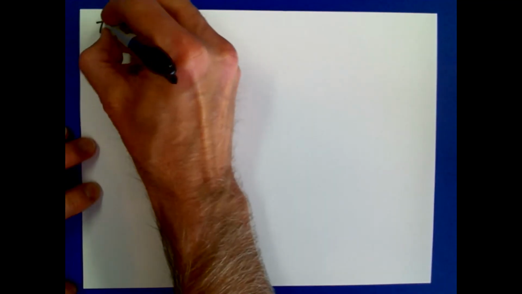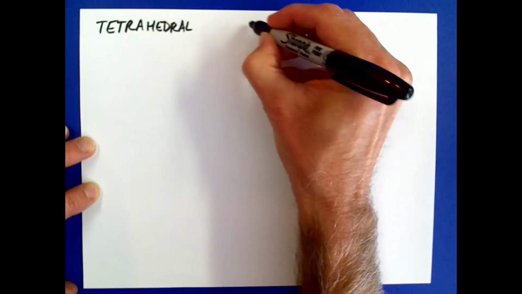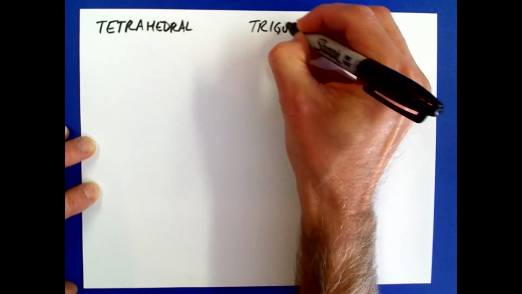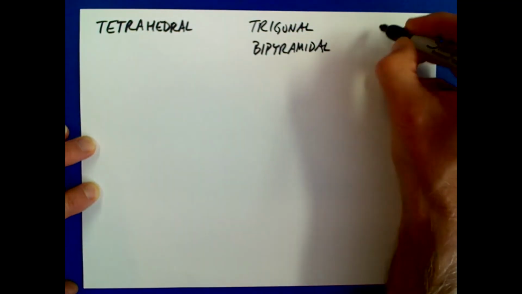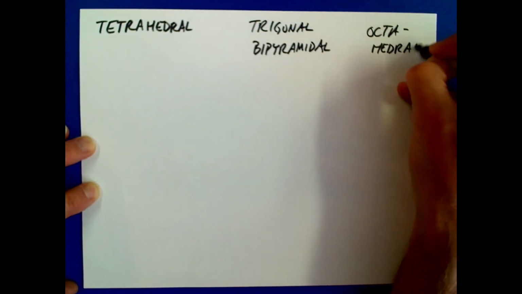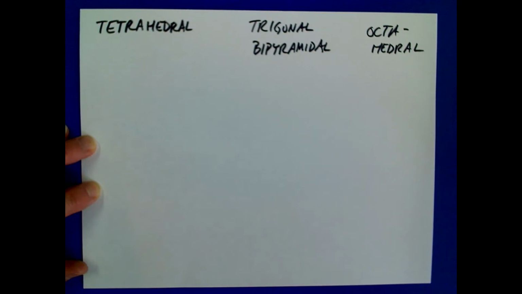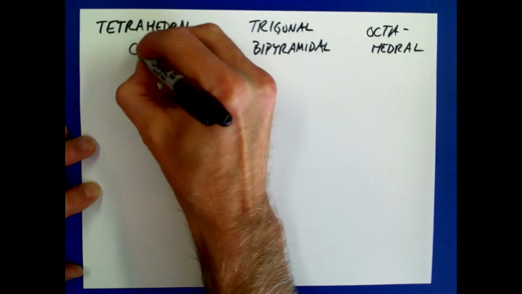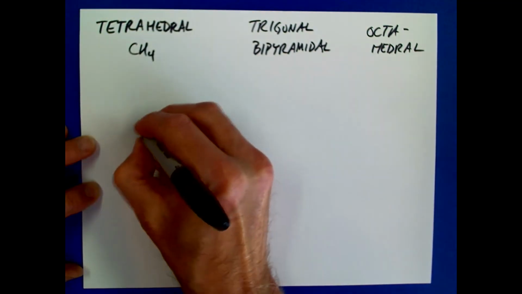Let's look at the other possible molecular geometries. We have tetrahedral, trigonal bipyramidal, and octahedral. And I'll draw representations of each of these. Let's see, we'll have methane, which could be represented like this.